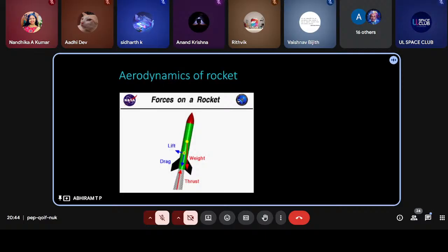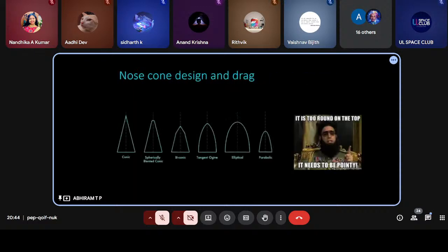And when it comes to the shape of the nose cone, have you ever seen a perfectly spherical or perfectly planar surface at the top of any rocket? No. Why? It's not because the Supreme Commander told them to make the rocket pointy or to make it look scary.